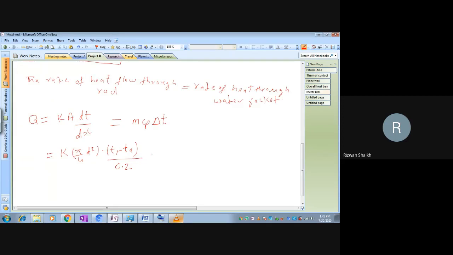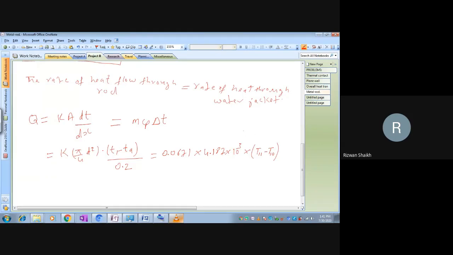Similarly, the flow rate we calculated just now is 0.0671 multiplied by Cp, which is 4.187 into 10 raised to 3, into del T. Del T will be the change of temperature, T11 minus T10, which is 2 degrees as we already saw. So this is the formula we can apply.